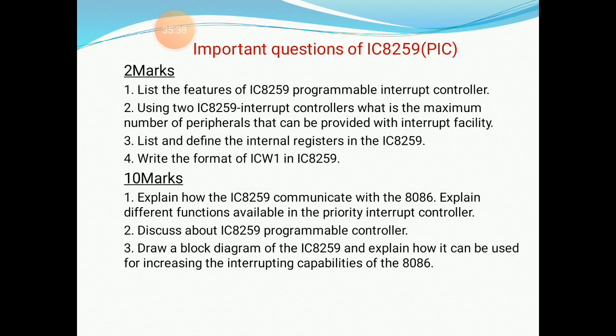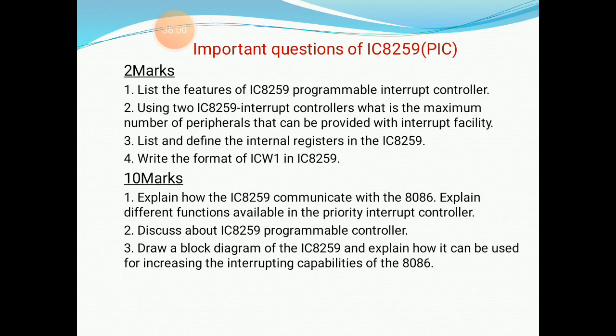So these are the important questions belonging to IC8259. List the features of IC8259 programmable interrupt controller. Using two IC8259 interrupt controllers, what is the maximum number of peripherals that can be provided with interrupt facility?